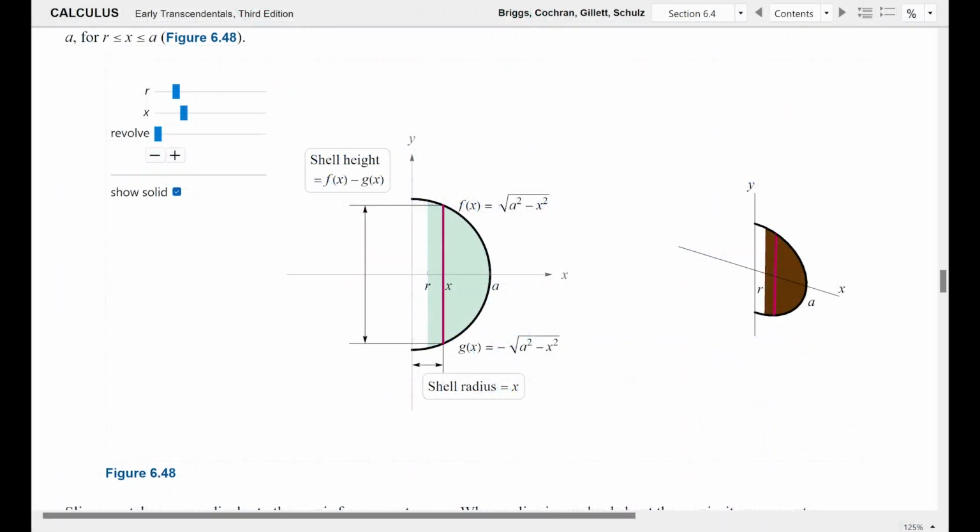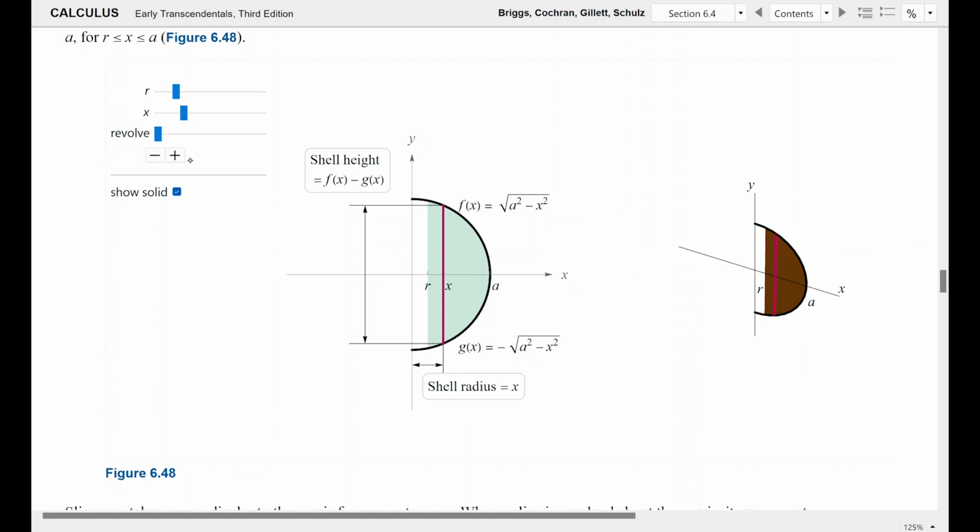In order to get a grasp of how this problem looks and the shell method in general, take a look over here. We'll have f equal to the square root of a squared minus x squared, because the radius of this sphere is a. We're going to do this by shells, which looks like this.